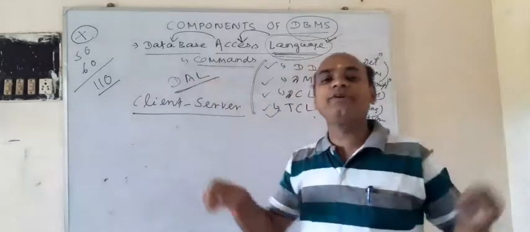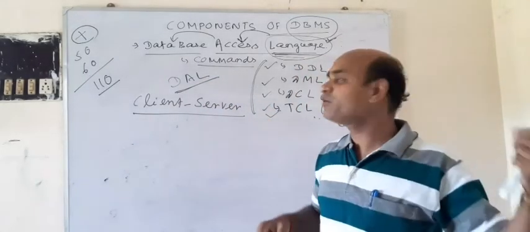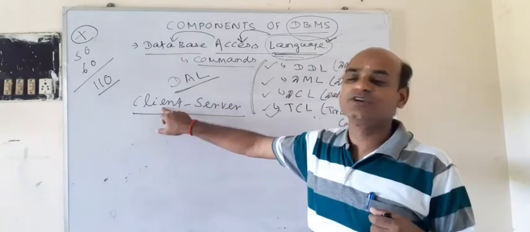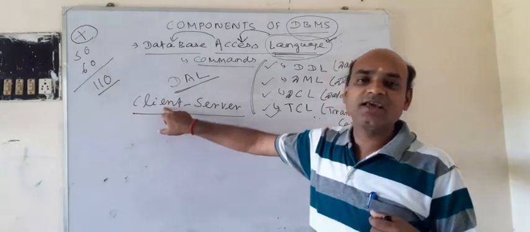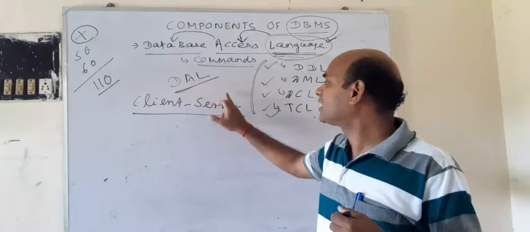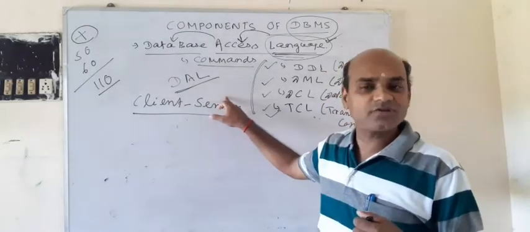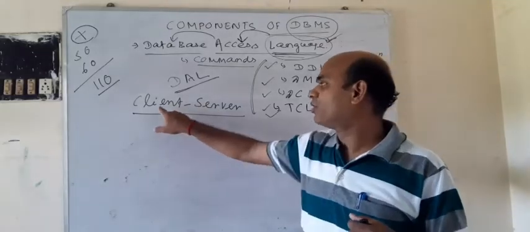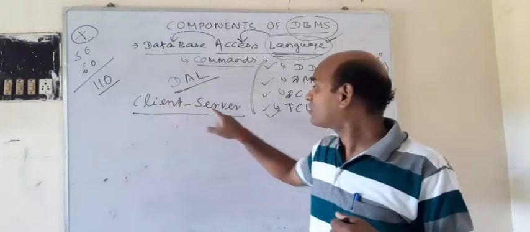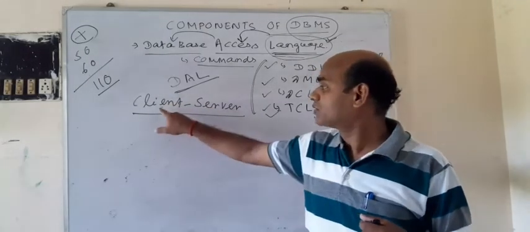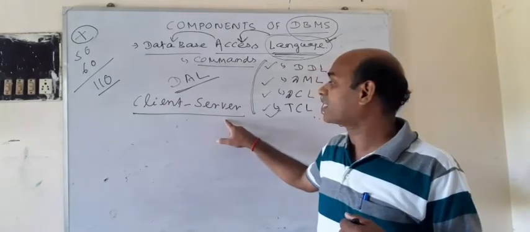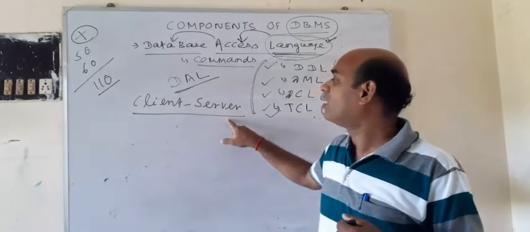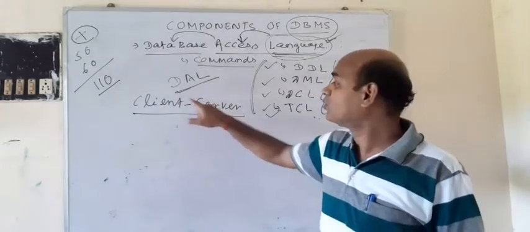It is a powerful machine which is connected with several client machines. Many client machines can be controlled by a single powerful machine, that is a server. A server can communicate with different clients, control clients, get information from several clients, and give information to each client.